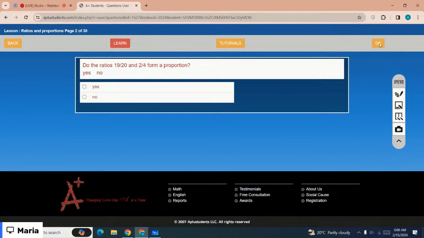The correct option is no. They do not form a proportion. Got it?